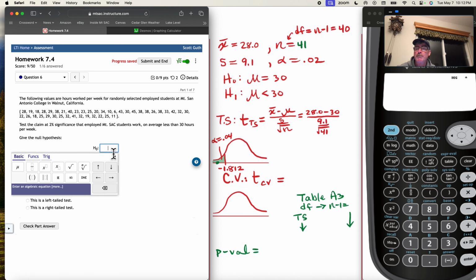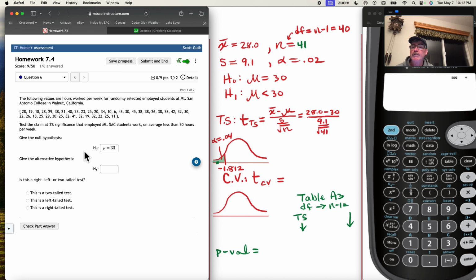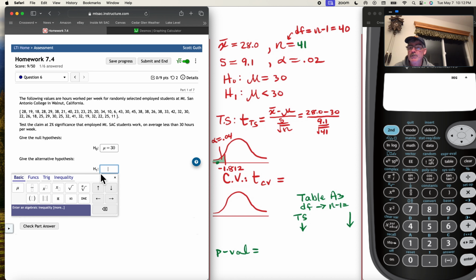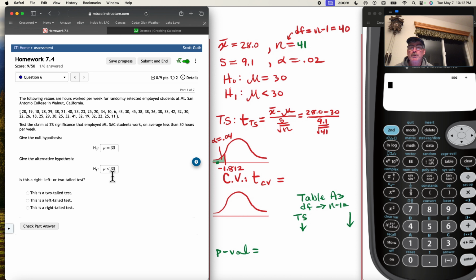So the null hypothesis is mu equals 30. And again, less than is our alternative, so mu less than 30. That's pointing to the left, so this is a left-tailed test.